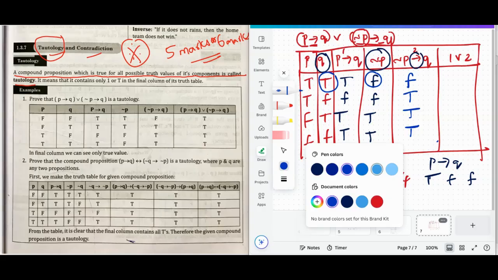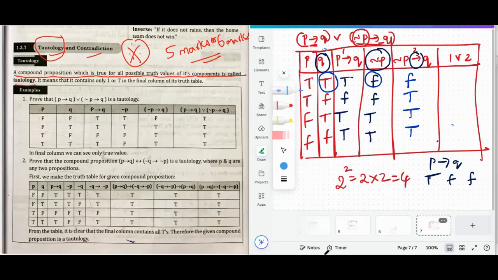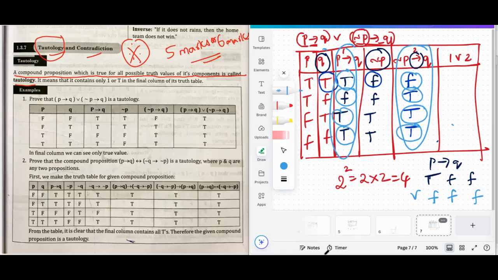Then we will be checking the first line, P implies Q, and the negation P implies Q line. We check this column and this column, and the condition is OR. OR means F and F is F. So we look for F and F, and we don't have it in the first, second, third, or fourth row.